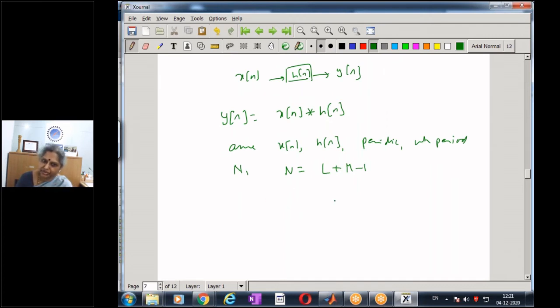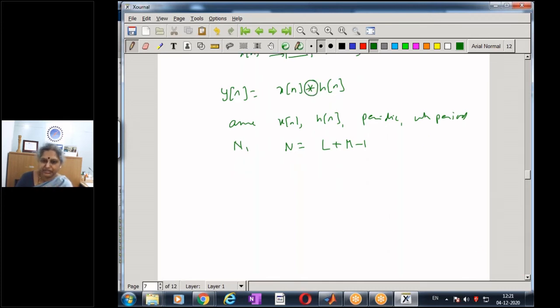And if they are not periodic, we assume they are periodic with this length, and then we can perform a suitable circular convolution and still get the result of a linear convolution. So we have seen that we can perform a linear convolution using circular convolution.